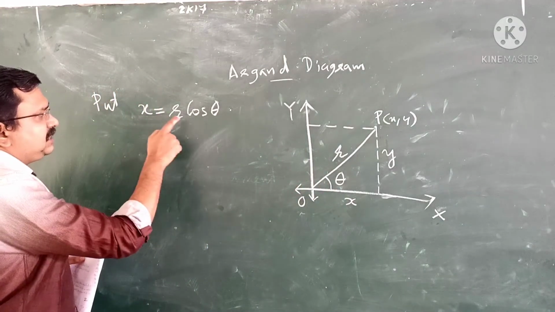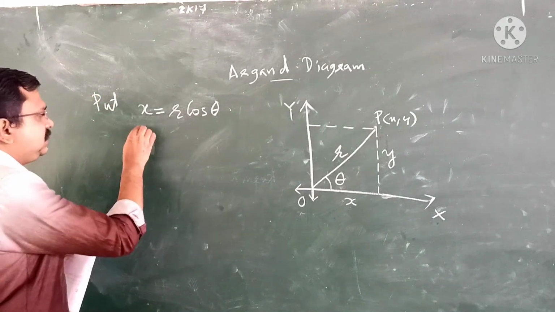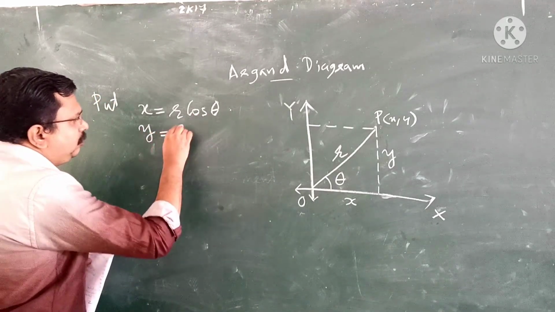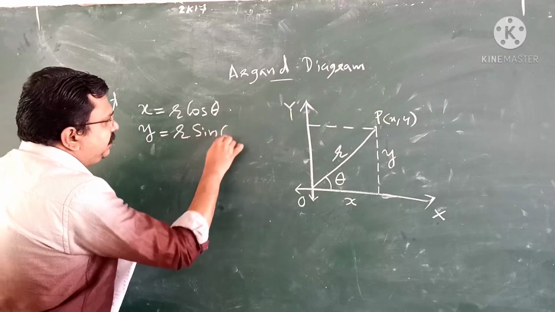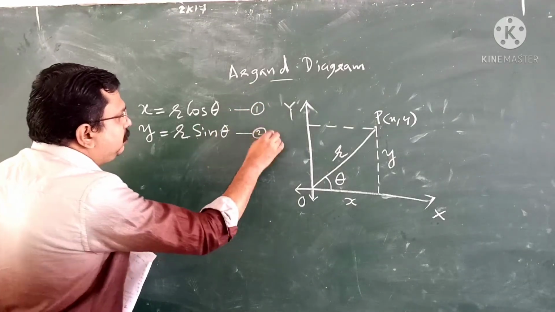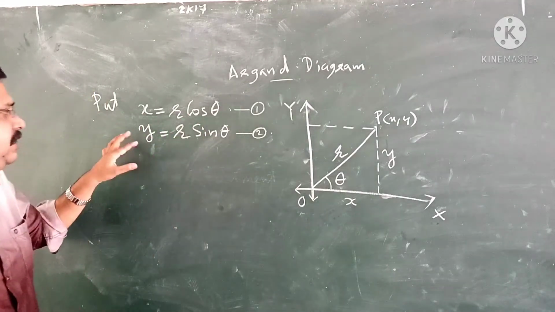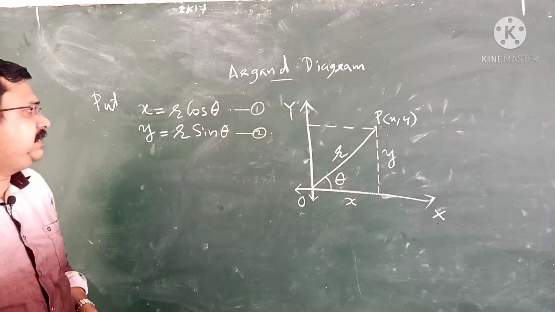Therefore, x can be written as r cos theta, equation 1, and y equal to r sin theta, equation 2. Remember that x equal to r cos theta and y equal to r sin theta.